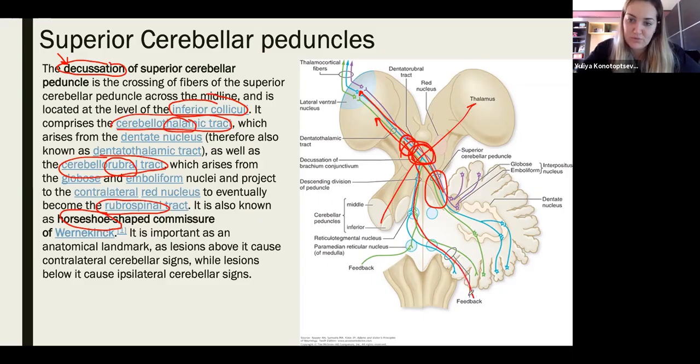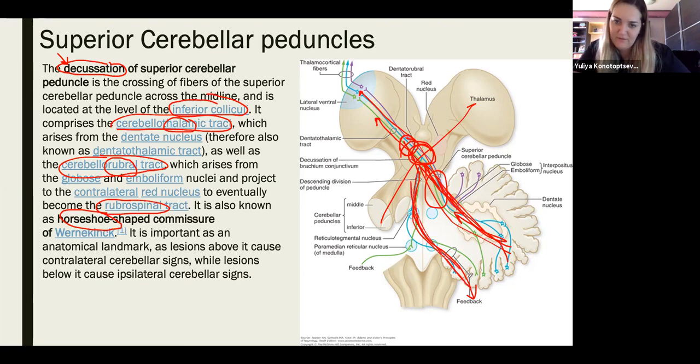So in this area, this is the cerebellothalamic and the cerebellorubral. The rubrospinal tract is going to be this part, going down like that.